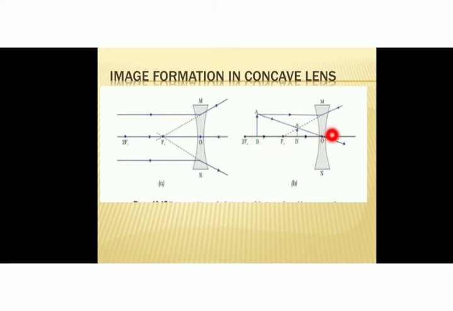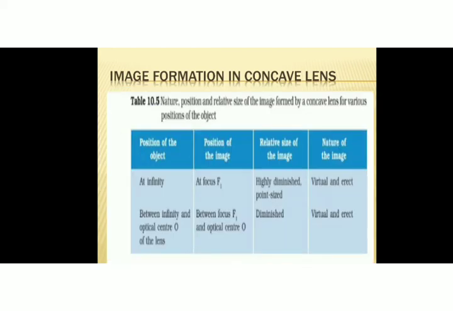It can be between 2f1 and f1, or between f1 and the optic center. So when the object is between infinity and optical center of the lens, the image is formed between focus and optical center, and it will be diminished and also virtual and erect. From this table also it is very clear, a concave lens always produces a virtual, erect and diminished image.